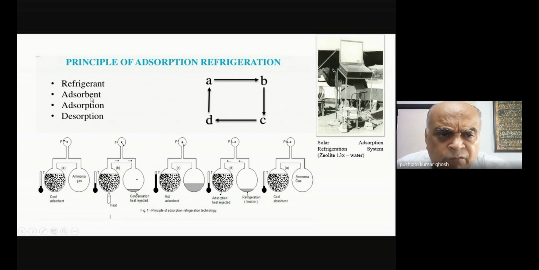Again, not very different. There is a refrigerant, like in this particular case, again I've shown it to you with ammonia. There is an adsorbent, say zeolite, and zeolite can adsorb ammonia. The two processes are adsorption and desorption.